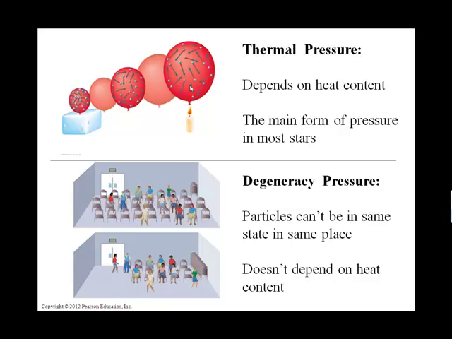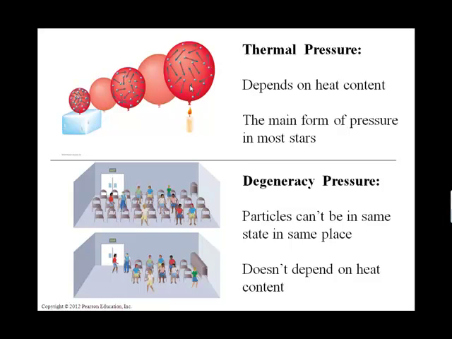At some point, people can't sit on each other's laps. So eventually it's this "I'm not going any further, I cannot be squished anymore" that stops the contraction of these low mass objects to become wannabe stars.